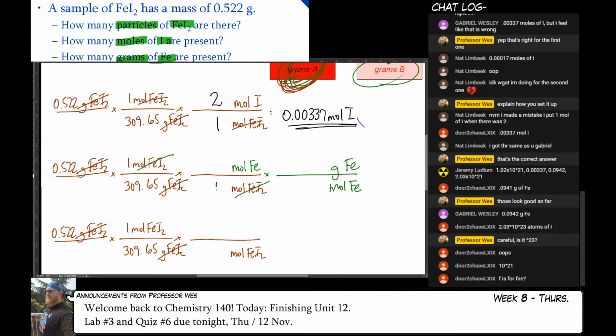All right, for every mole of FeI2, there's only 1 mole of iron, so this is just this. The only reason that we put those numbers in there is so the units go away. Mathematically, it doesn't do anything. And then how many grams of iron are in a mole? I think it's 55.845. Yep, this one I actually didn't calculate.